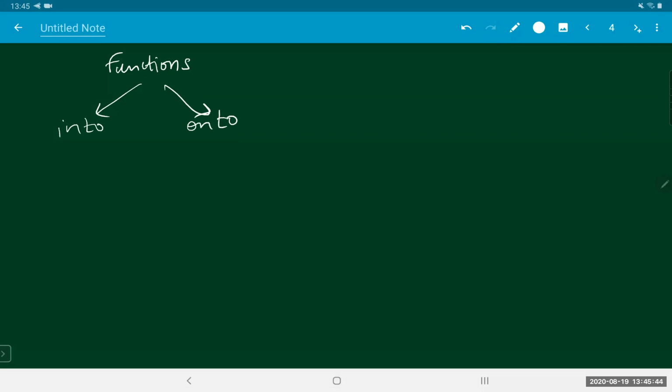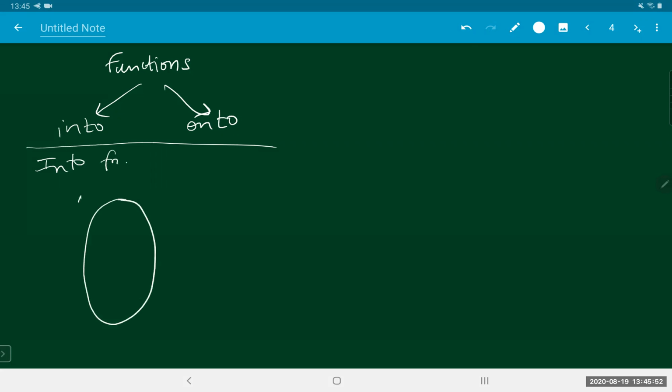Let me just give you some pictorial examples of them. An into function looks like this. Suppose you have a set A and you have a set B. You have some elements over here and you have some elements over here.